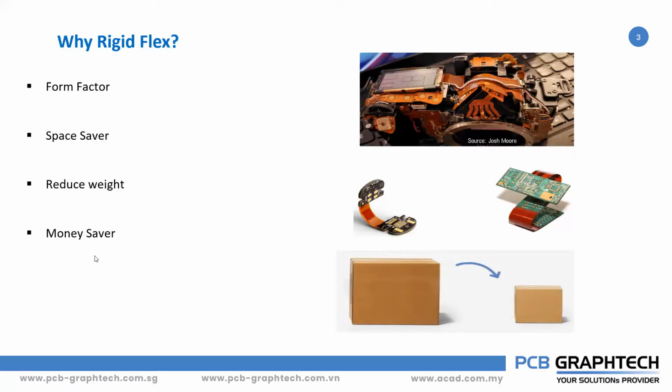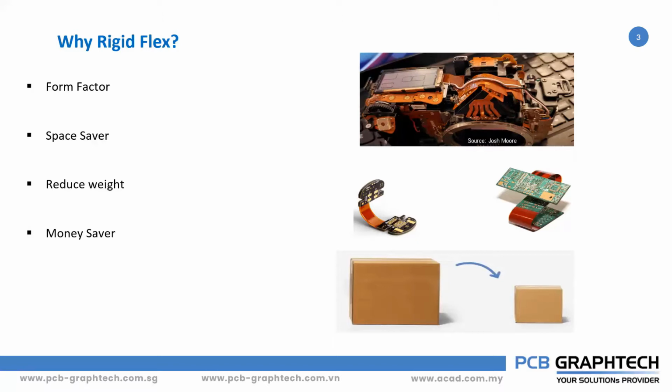The last one is money saver. Again, this is based on reducing the material. The first option, as I told you before, is taking multiple rigid boards. What happens when you're connecting them with connectors and cables? You need to buy separate connectors and separate cables, so the cost increases.